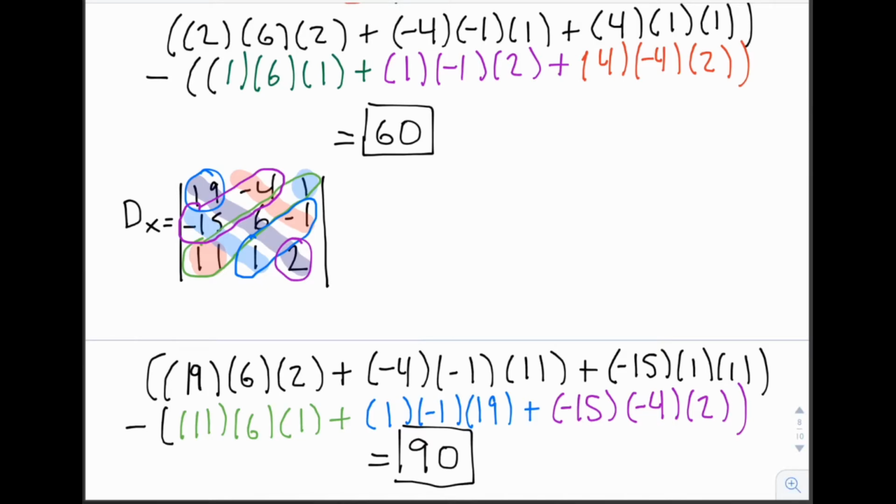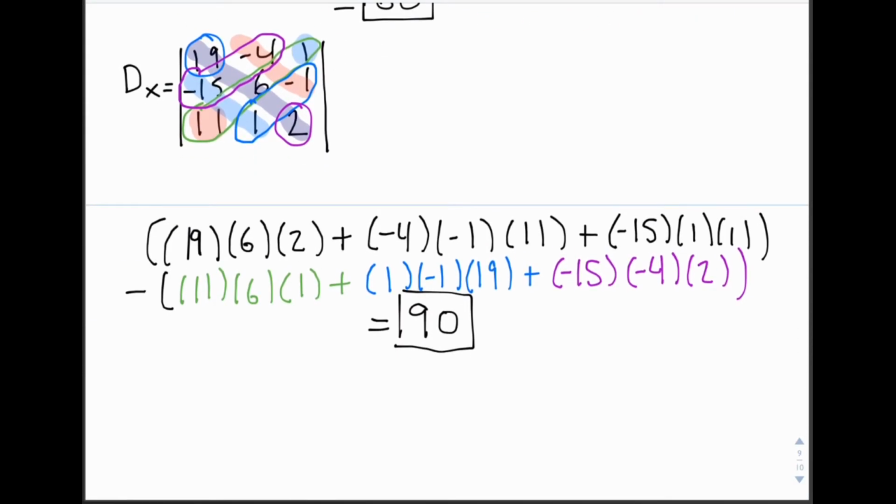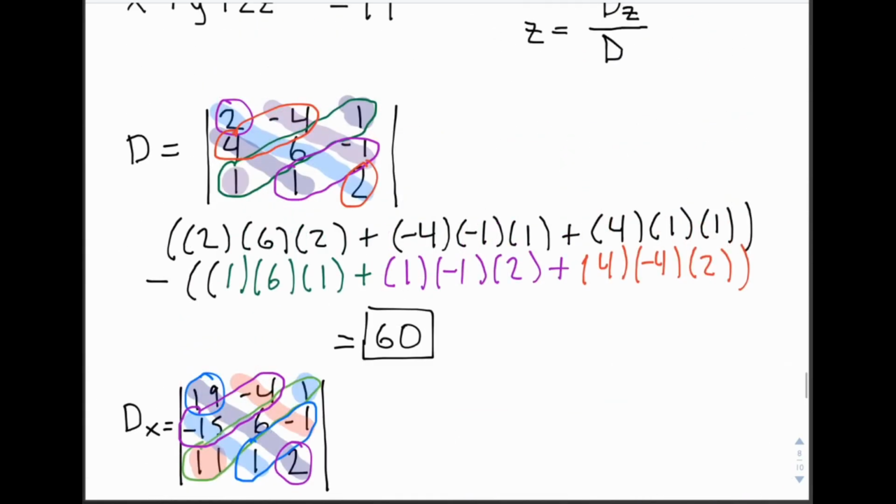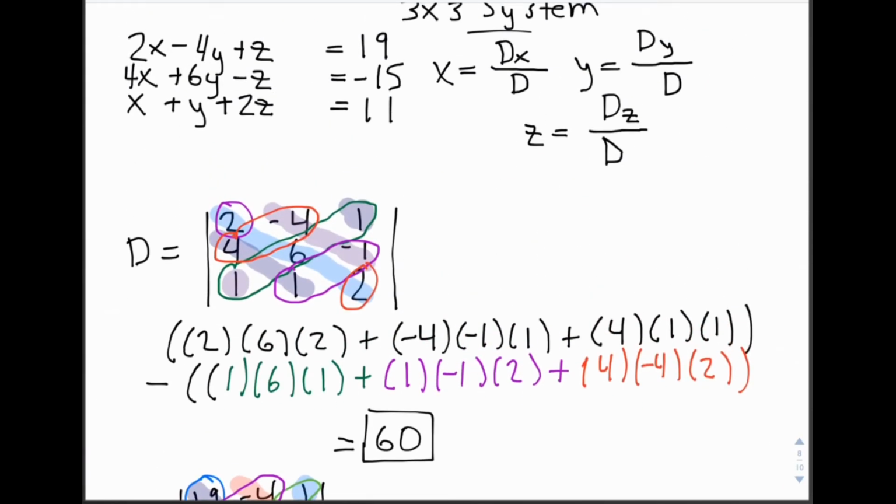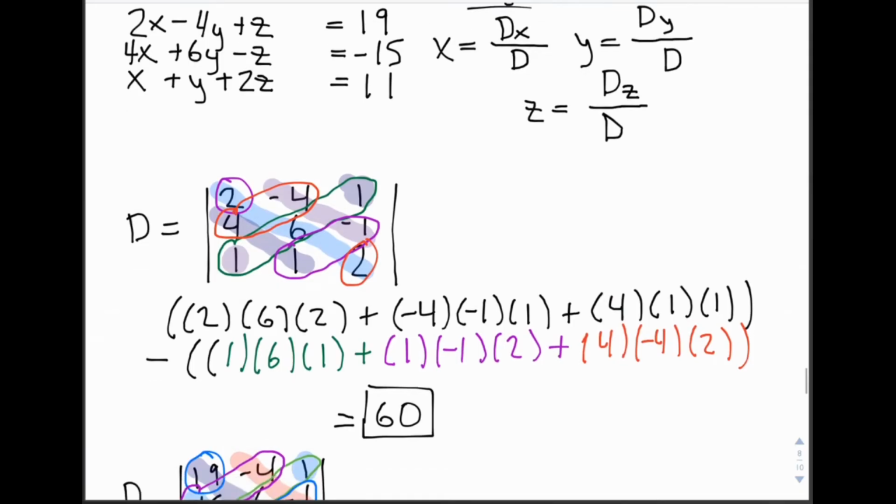We still have two more determinants that we need to find: the determinant of y and the determinant of z. So let's find the determinant of y. We replace our y column with our constants. Let's keep our coefficients of x: a 2, 4, and 1.